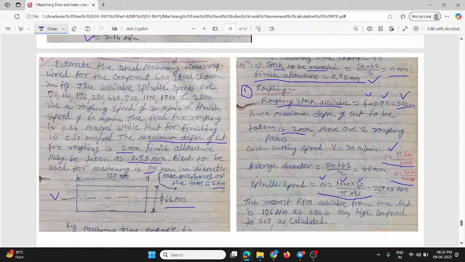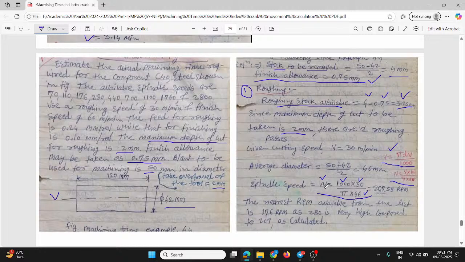What is the average diameter? That is the blank diameter 50 plus 42, divided by 2. That is the average diameter we have to take, because 2 roughing cuts are going to be there. So it is equal to 46.